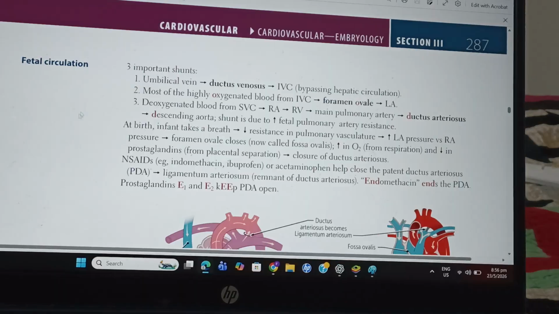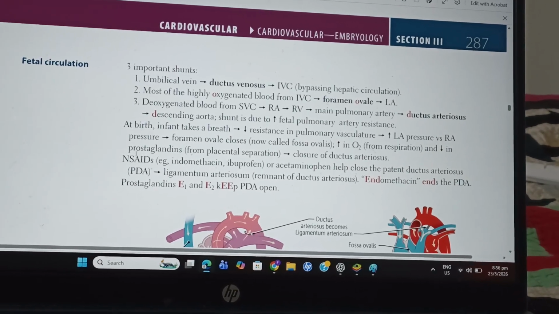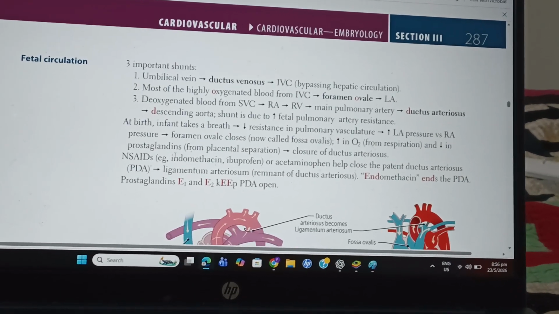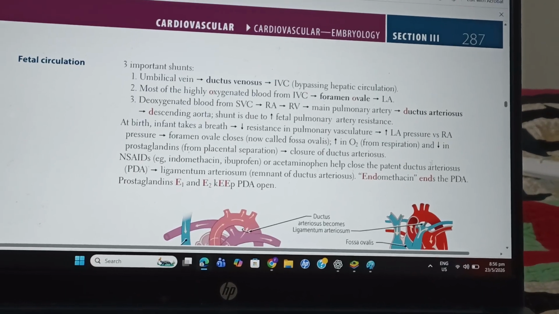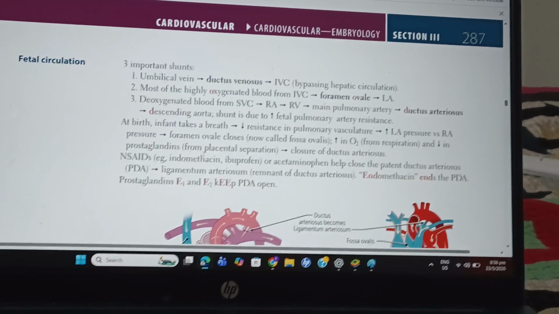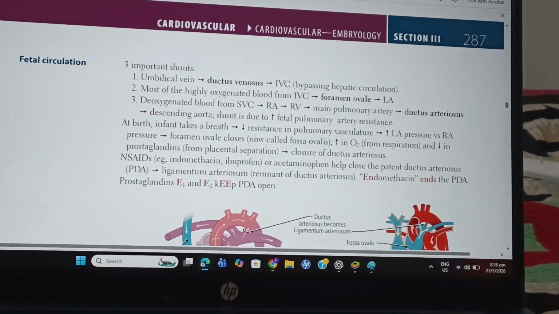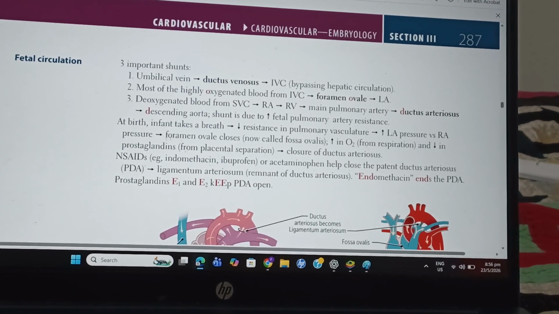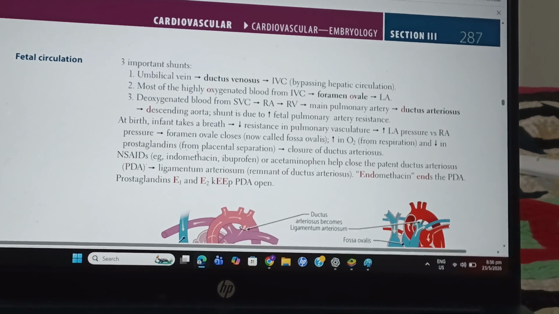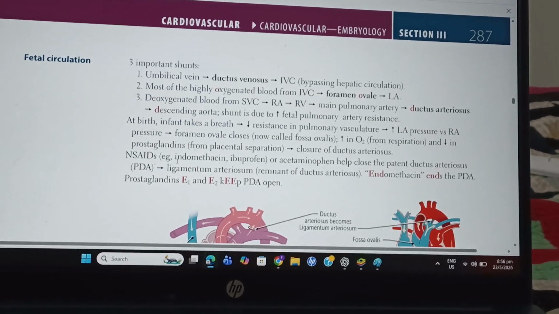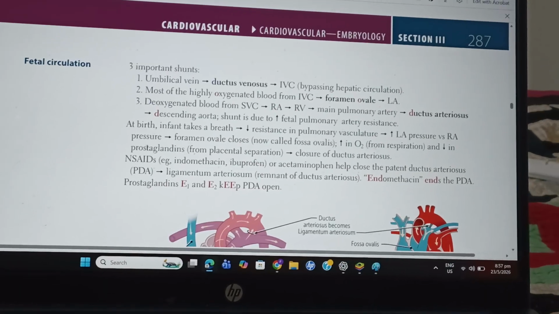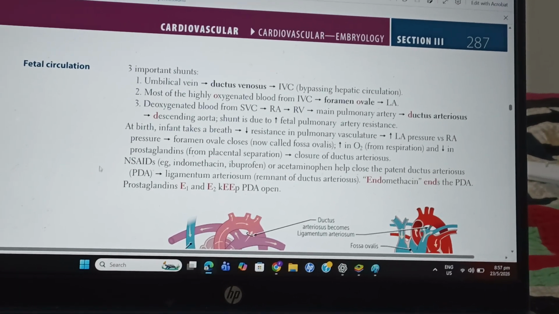And then the prostaglandin, which is a hormone, decreases, because the placenta is separated from the mother, and it's separated from the baby actually. The placenta is out. Now the placenta doesn't have any connection with the mother and the baby. So the prostaglandin hormone is going to decrease.